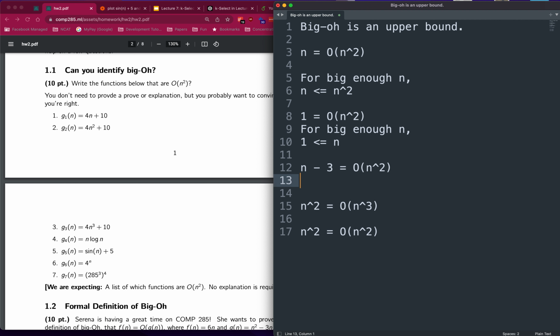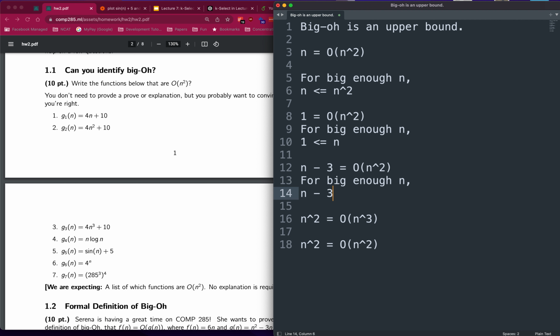Similarly here, you can actually see that the "big enough" matters because n minus 3, let's actually change this to, let's say, n plus 10. n plus 10 is smaller than or equal to n squared for big enough n, but not for the first few values.